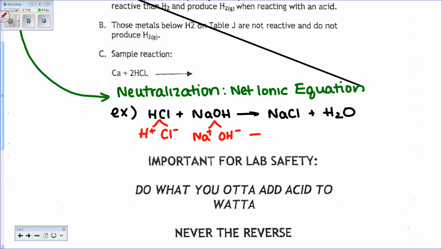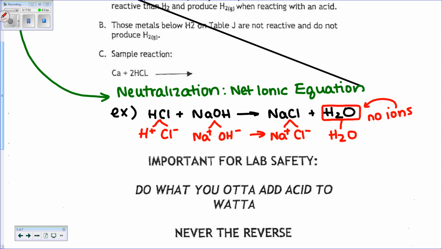If I look now, I have my arrow. NaCl is definitely ionic. It turns into Na plus and Cl minus. And then I have my water. Well, water is purely covalent. That means if it's purely covalent, no ions. So if there are no ions, then it's still just H2O.